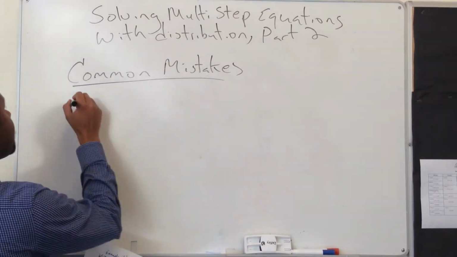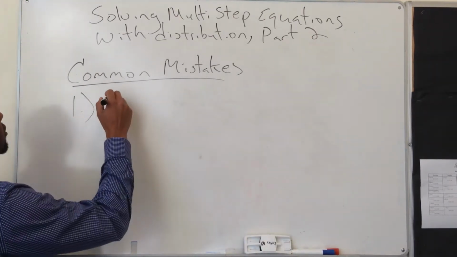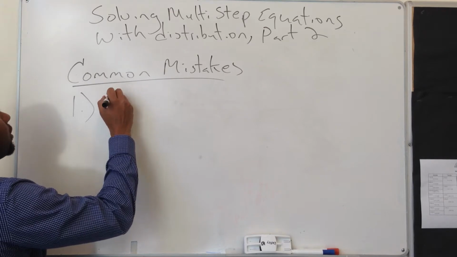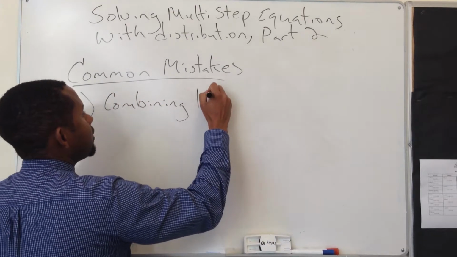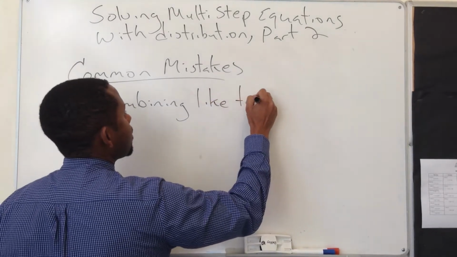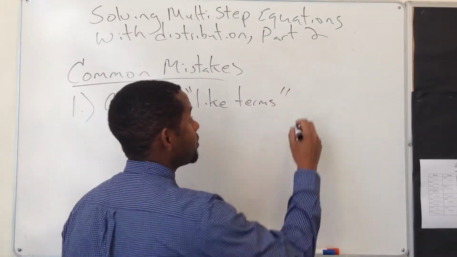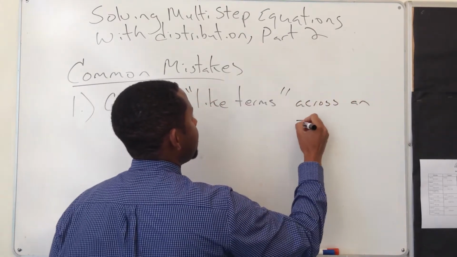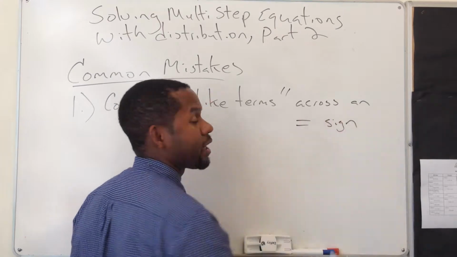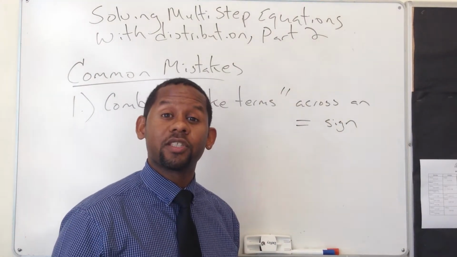So, first mistake I've been seeing has to do with combining like terms, or what you think are like terms, across an equal sign. Okay? You cannot combine terms across the equal sign.